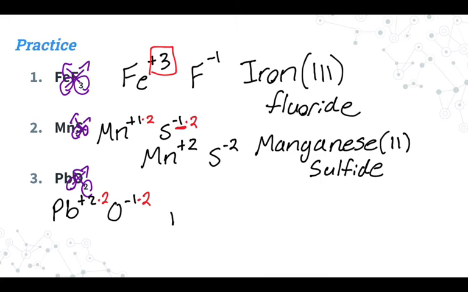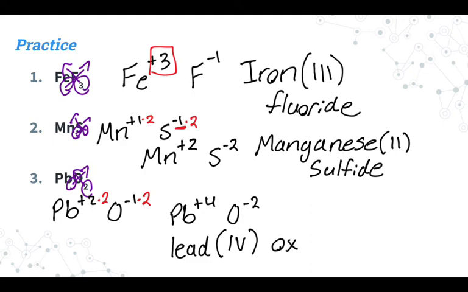So rewriting this, we're going to get our Pb plus 4, oxygen minus 2. Our charges look correct, so we're able to go ahead and write our name. So this will be our lead 4 oxide. So that will be our transition metals.